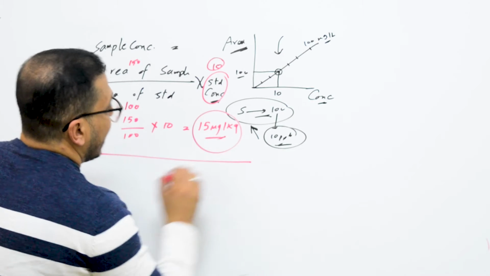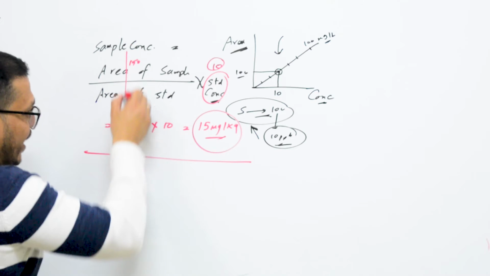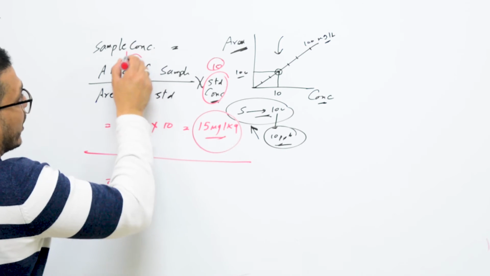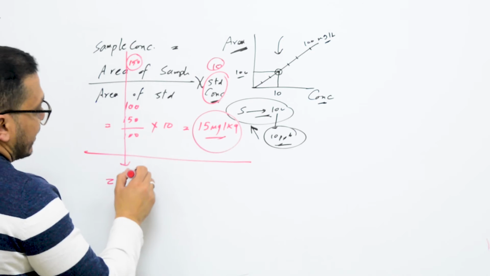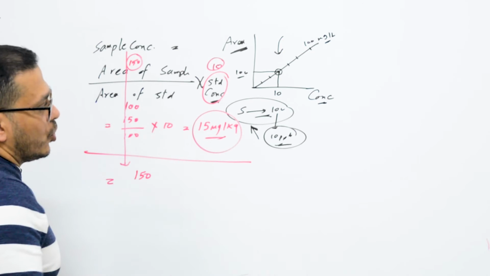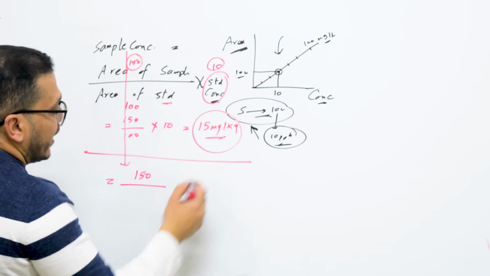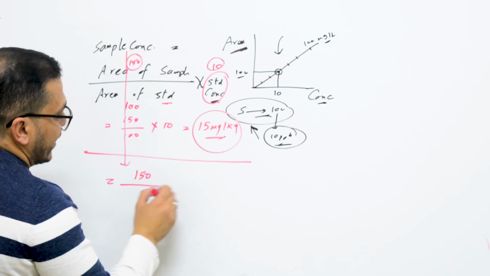But if the standard has been degraded, the area of the sample is still 150 because it is not degraded, but the standard has been degraded from 10 to 5, as an example.